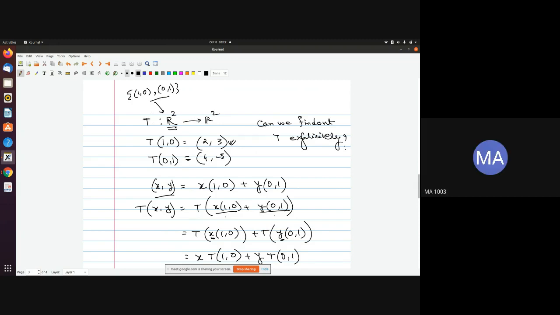Is this a basis of R2? Yes, this one, 1001. Is this a basis of R2? Yes, sir. This one, no. Why? Sir, 1001 is a basis. And this one is not a basis.